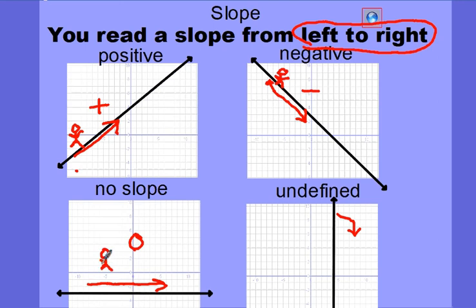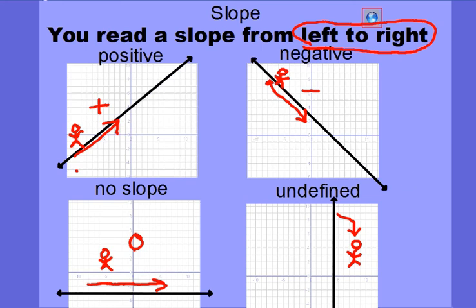My little slope dude is not going to have very much fun going from left to right. Here, if he goes off the cliff, he says that curse word in math, undefined. Okay? So that's kind of important.